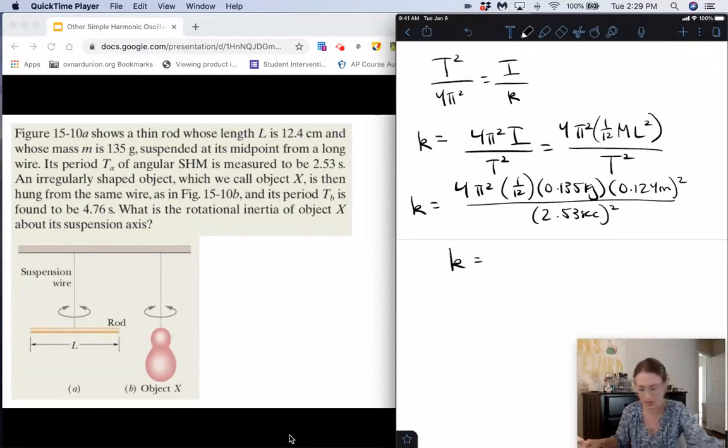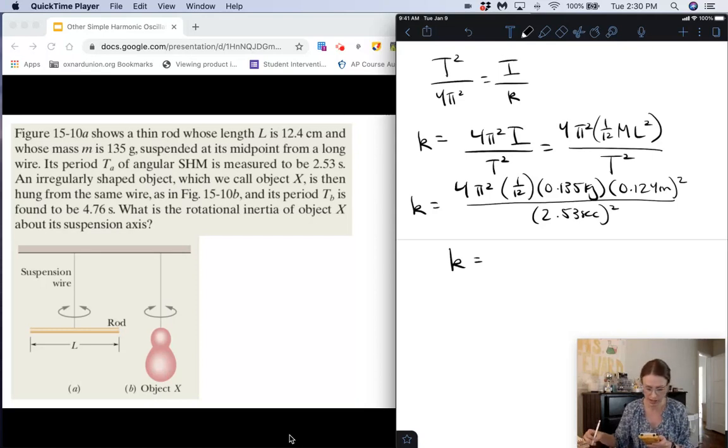So plugging everything in, we get 4 times pi squared times 1/12 times 0.135 times 0.124 squared, and then all divided by 2.53 squared.